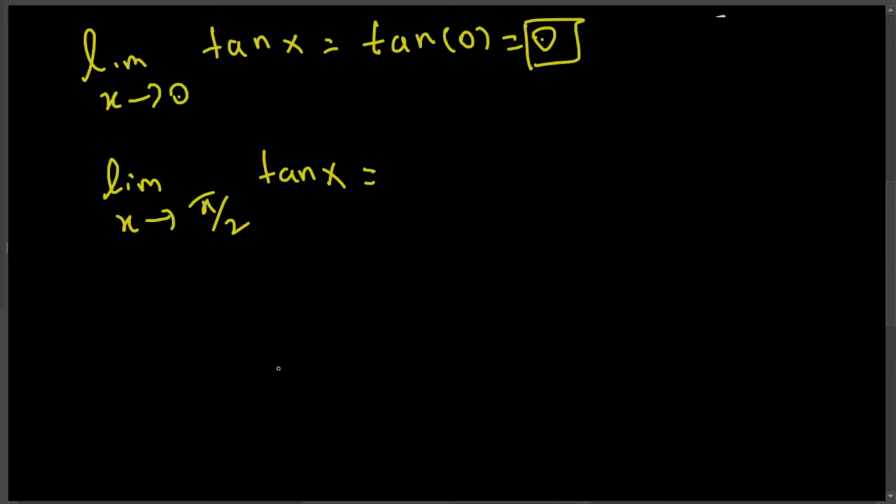What we can do is look at the left side and right side and see what we are getting. Let's look at the right side first: the limit as x approaches π/2 from the right side. π/2 is basically 90 degrees, so we take values close to 90 degrees. From the right side, the value should be greater than 90 and close to 90.